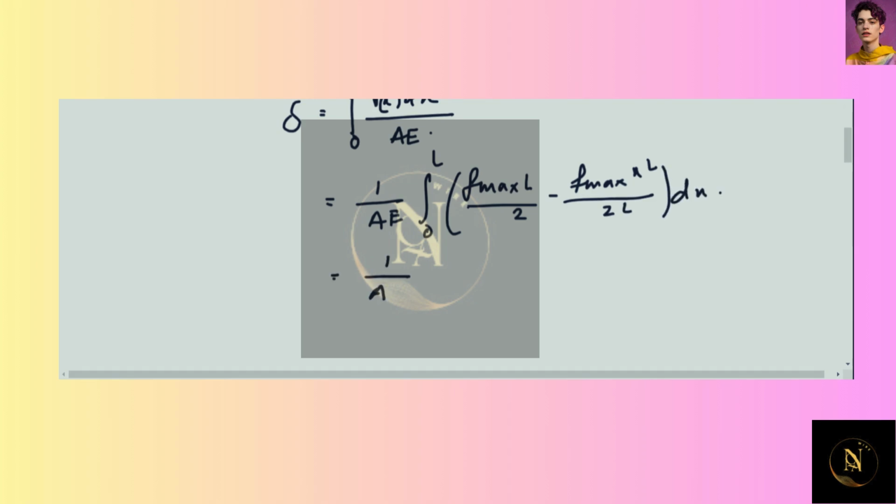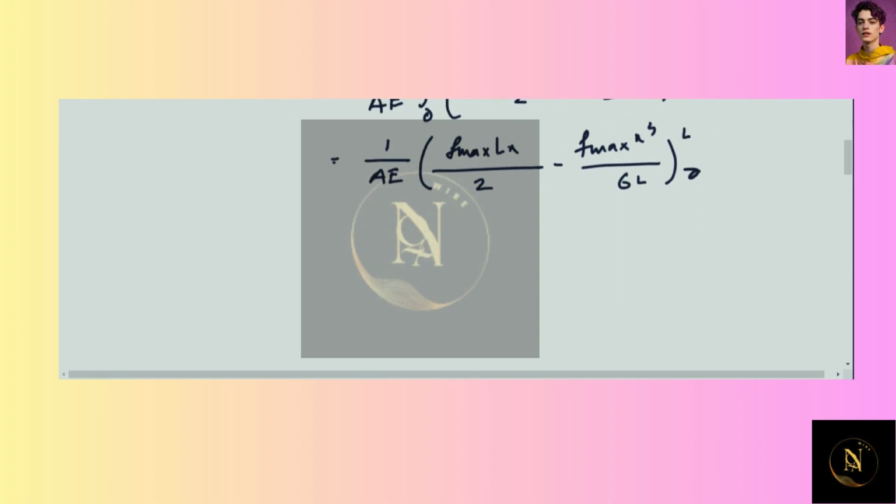So 1 upon AE times F max L x upon 2 minus F max x cube upon 6L, from 0 to L. So this will be F max L square upon 3AE.